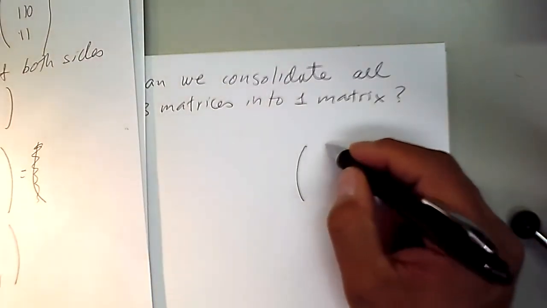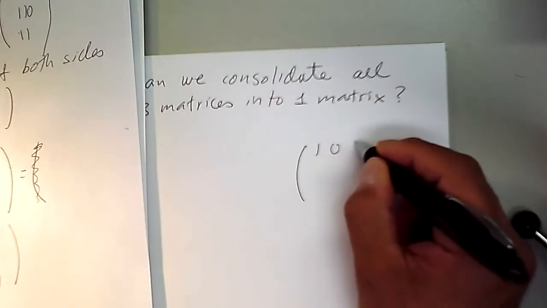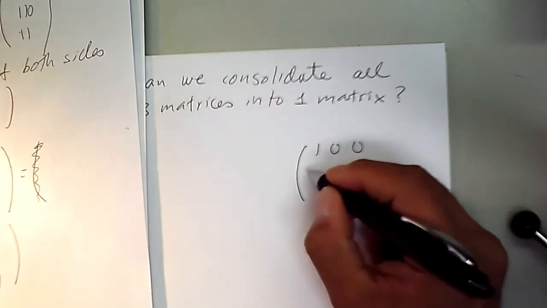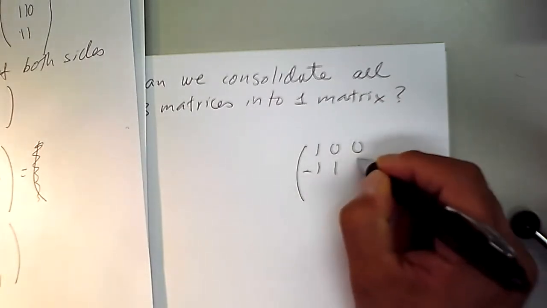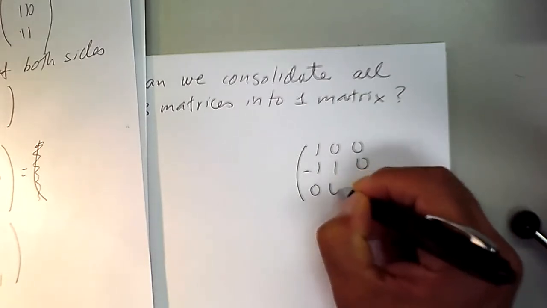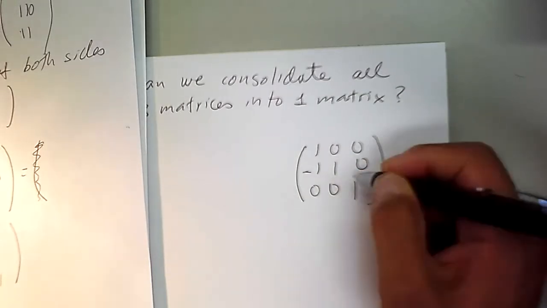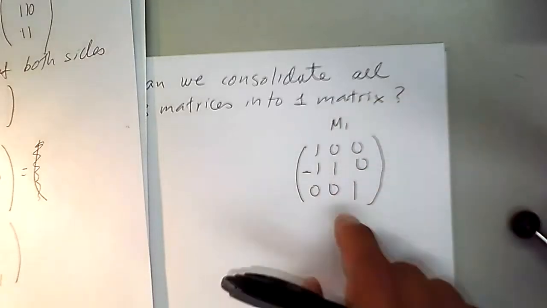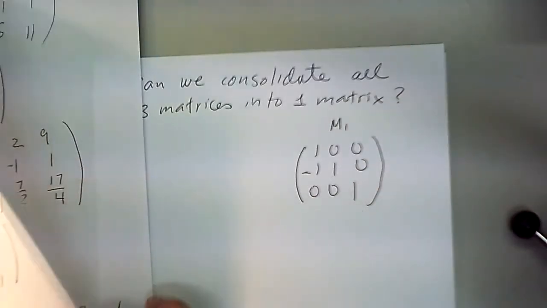M1 was 1, 0, 0, negative 1, 1, 0, 0, 0, 1. That was M1. And we multiply that on the left of the matrix of the system.